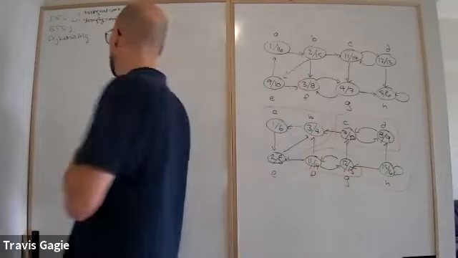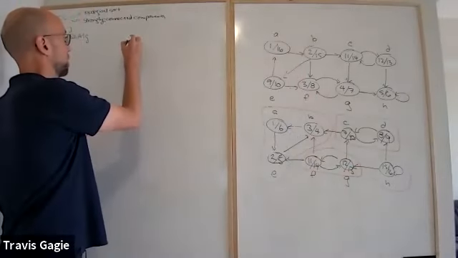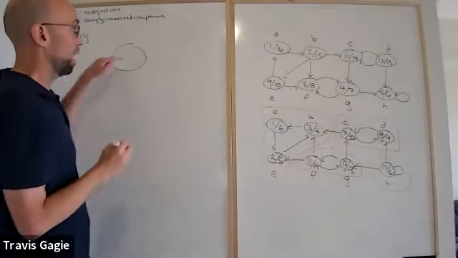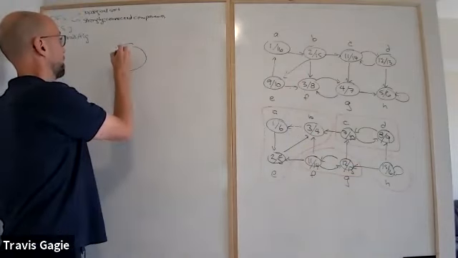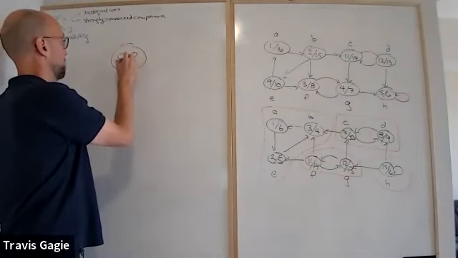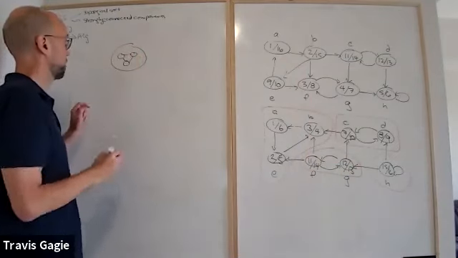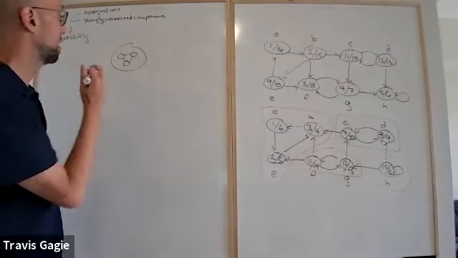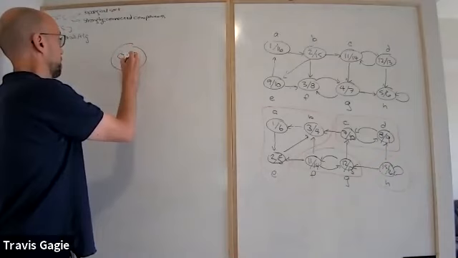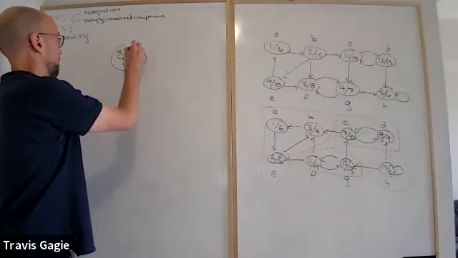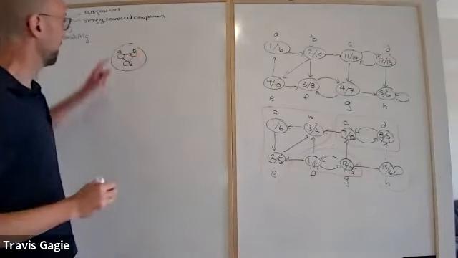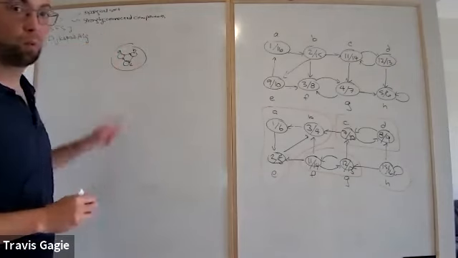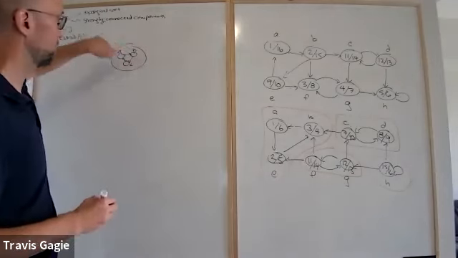So you have a vertex, and this vertex represents the A, B, and C. A goes to B, B goes to C, C goes to A. But we don't care what's in there.